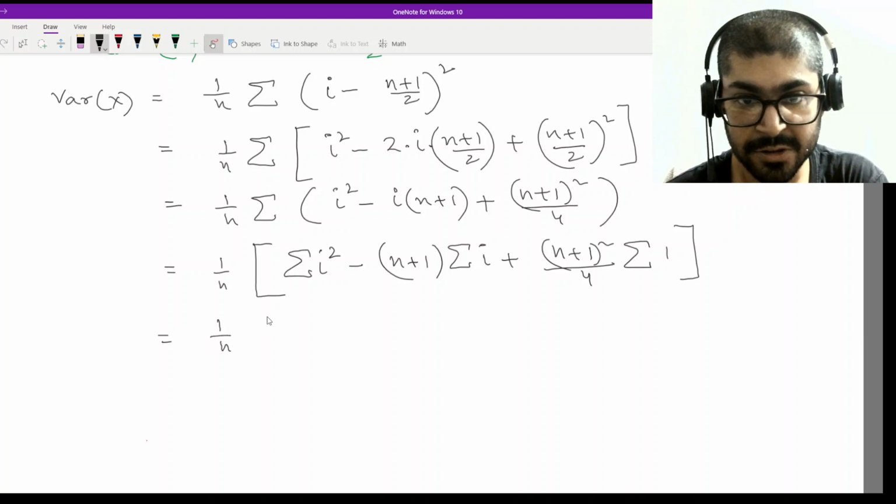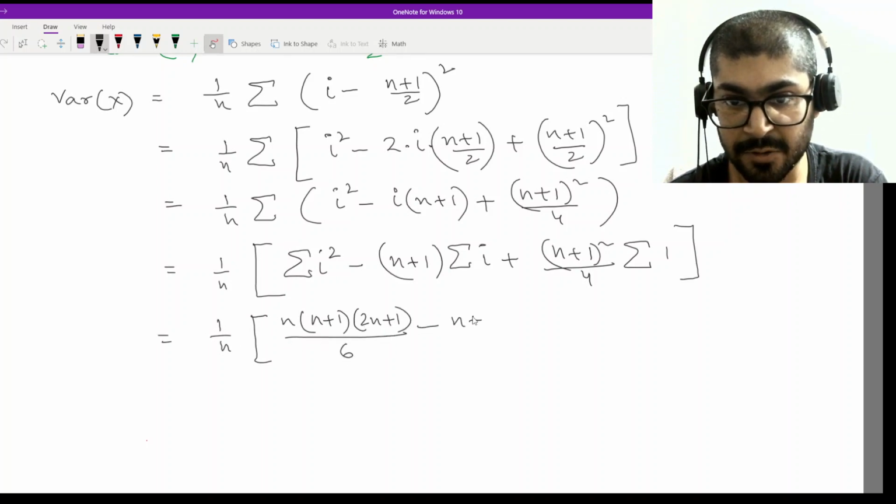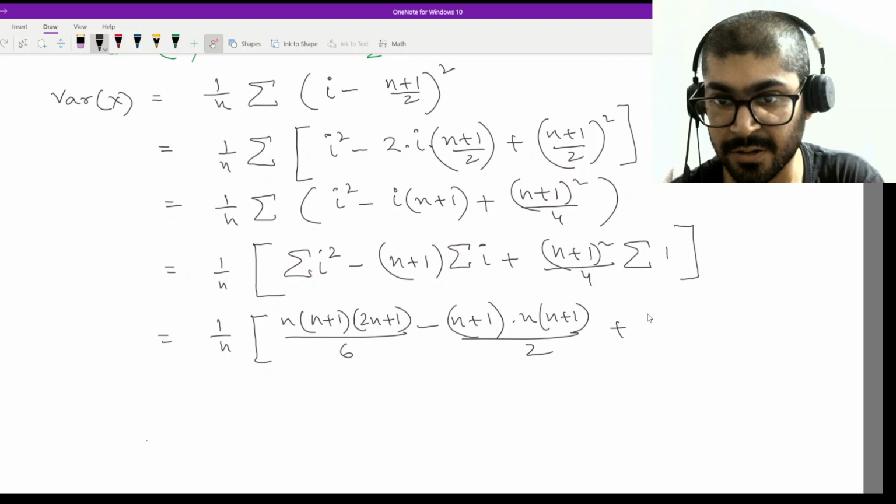Now 1 by n outside, what is sigma i square? You all know this, n into (n plus 1) into (2n plus 1) by 6, minus (n plus 1) into sigma i, which is n into (n plus 1) by 2, plus (n plus 1) whole square by 4 into n.